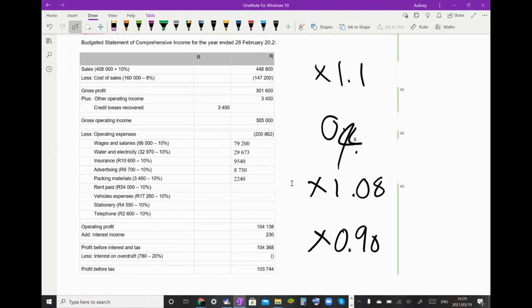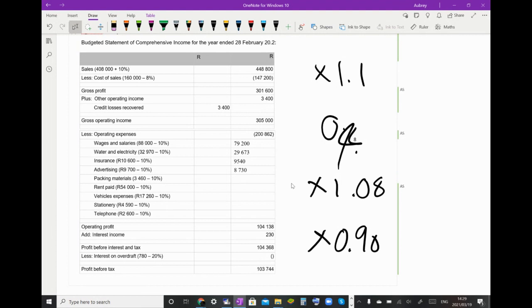Do you guys agree with him? You disagree? What are you getting? 2,214. Anybody else? Seems about right because this would be a third off of it, but I want to verify.